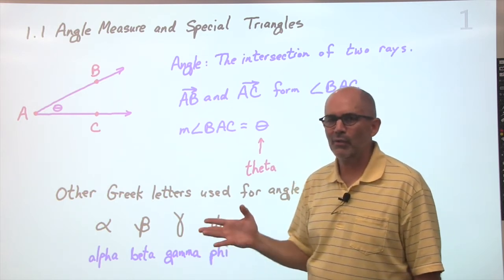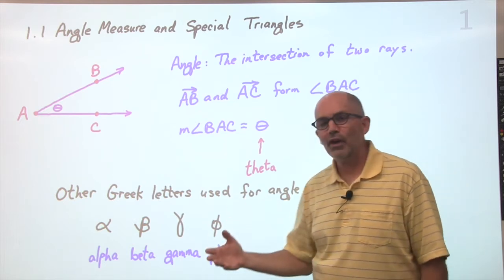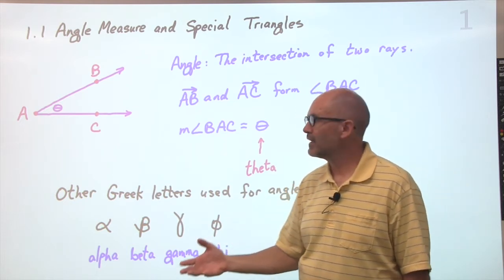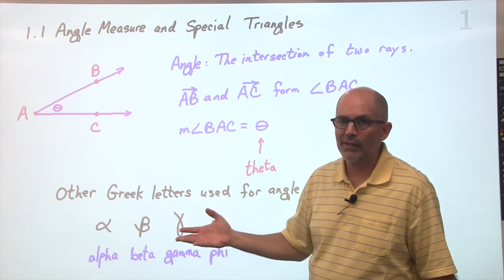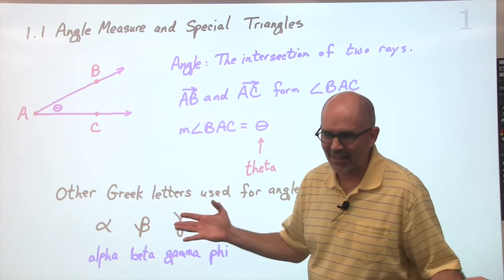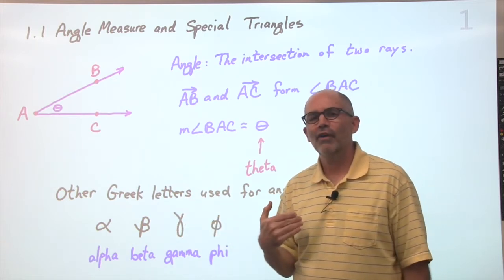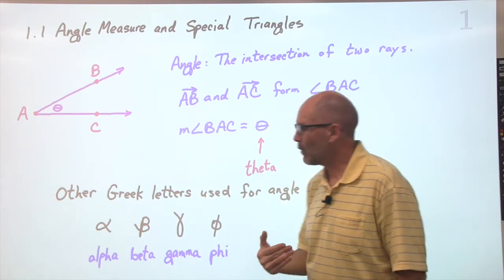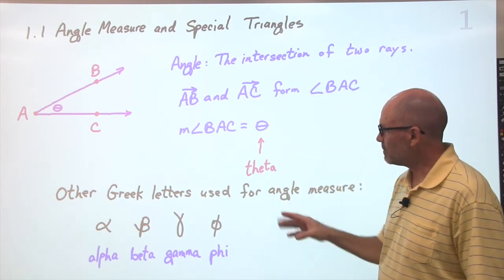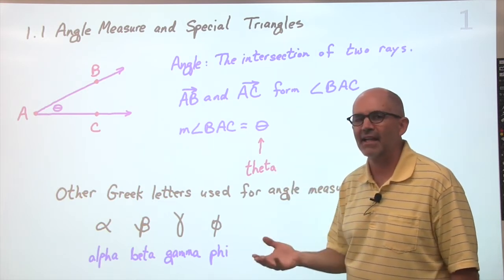Actually, the reason we use Greek letters is because people who don't know math and science don't use Greek letters, and so when they look at our work, it's completely mysterious to them. So we maintain an aura of superiority. Okay, so theta is the most common Greek letter. It's almost like X in algebra.